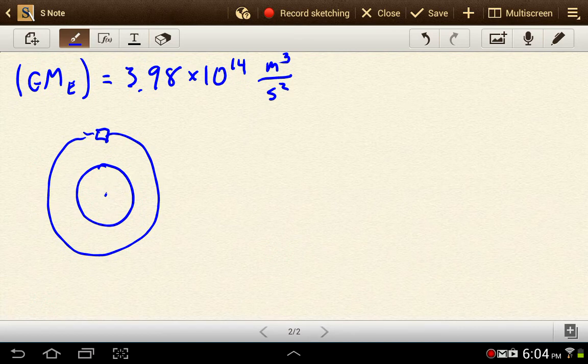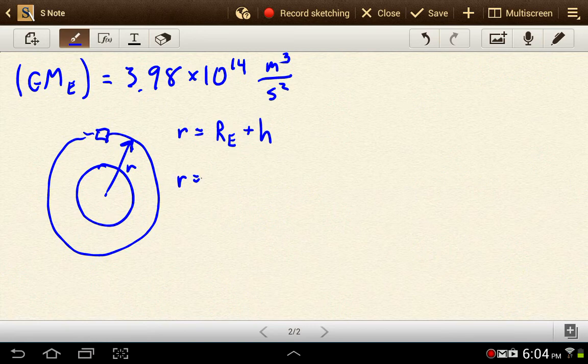Okay, so it's a circular orbit with a radius given by little r here, and little r is going to be the radius of the Earth plus the altitude of the space station, which I'm going to represent with an h. So we know the radius of the Earth from the previous problem.